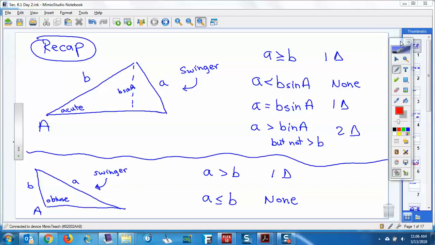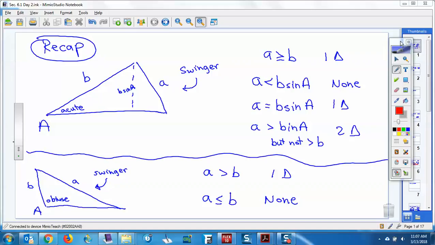It's going to be one triangle. So law of sines works great, because you don't have that missing angle where you do sine B equals, and there are two possibilities, quadrant 1, quadrant 2, that whole thing. You don't get into that. So a lot of times law of sines works just fine.